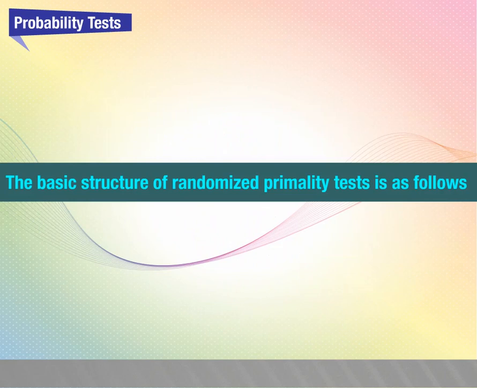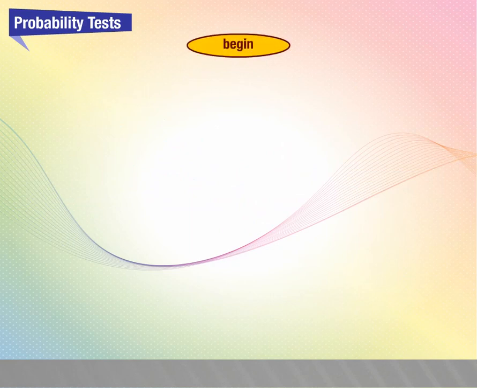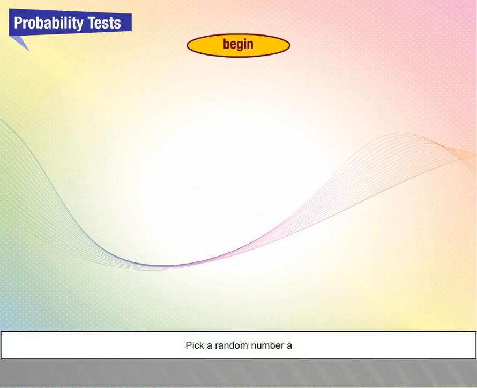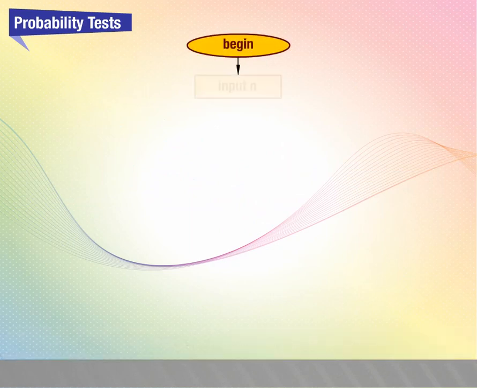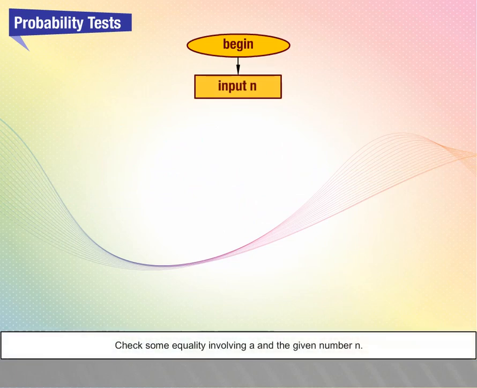The basic structure of randomized primality tests is as follows. Pick a random number a. Check some equality involving a and the given number n.